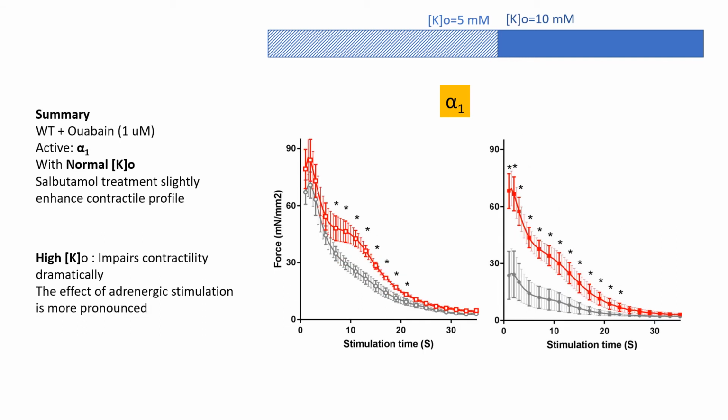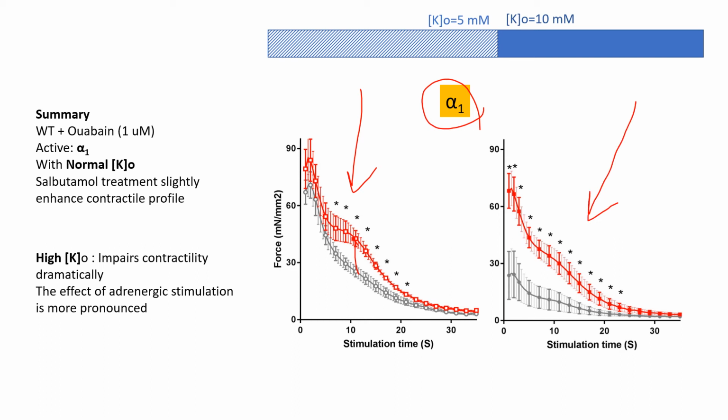Then I treated wild type with a low concentration of ouabain, which gives us alpha 1 only. During normal extracellular potassium, salbutamol treatment slightly enhanced the contractile profile, gray versus red.